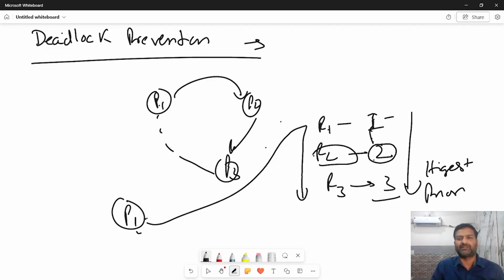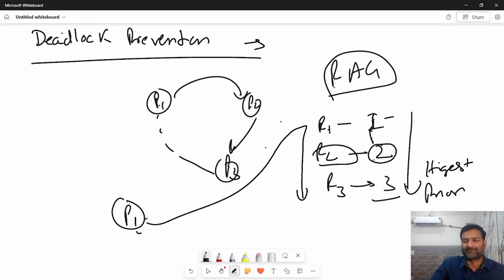So if any process demands resources in increasing order of priority and we provide the resources on that basis, then in the resource allocation graph we can never face the situation in which deadlock occurs, because there will be no chance of deadlock. Initially P1 was waiting for P2, and P2 was waiting for P3. Now P1 will be provided resources in increasing order of priority, like R1, R2, and R3.